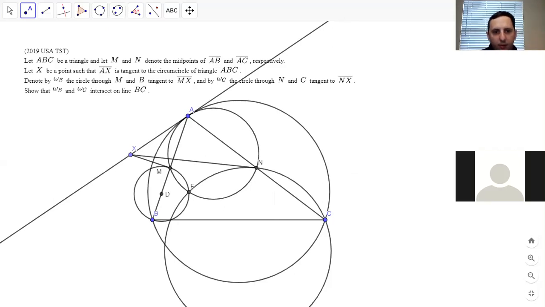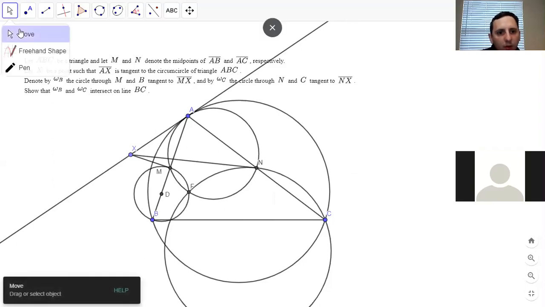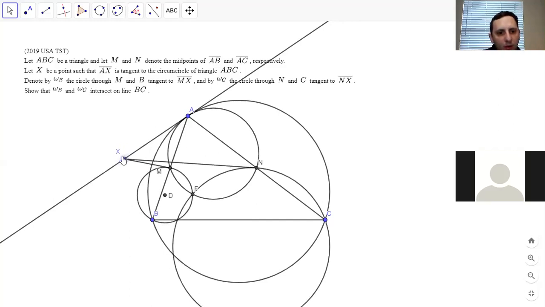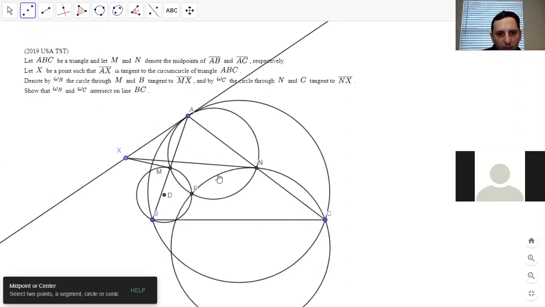And then by Miquel's theorem, that would solve it. Maybe I could draw the center of this circle. I don't know, it might help.